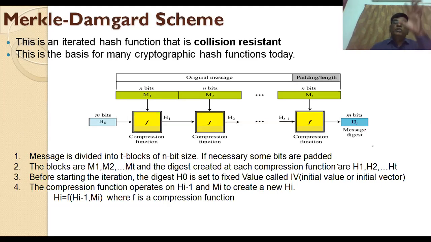At that time a collision will occur, but we need collision resistance. That means collisions should not occur in the hash function. So the Merkle-Damgard scheme is an iterated hash function that is collision resistant. This is the basis for many cryptographic hash functions today.